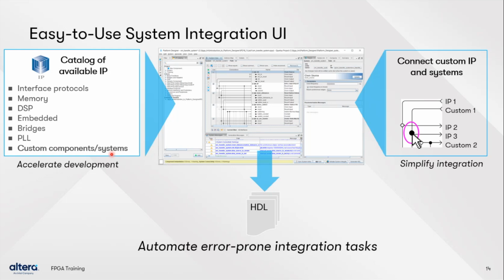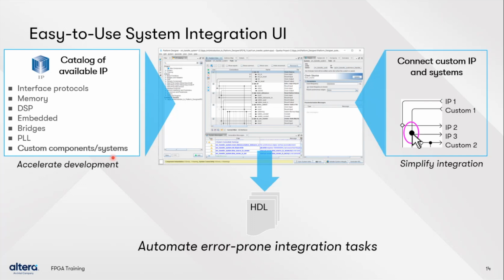You can take your own code, turn it into a component that can be added into Platform Designer and communicate with the rest of the system just like any of the off-the-shelf IP. And once you create a system, you can build a system of systems. So you can create hierarchical system designs where you add a previous system to a new system.